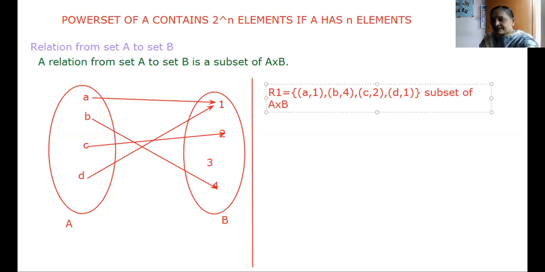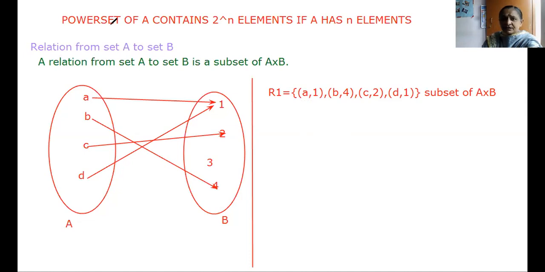You write the elongated C for subset. This notation I'm not having, so I wrote it as subset of. Clear?